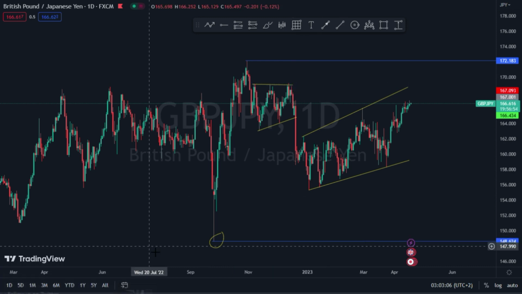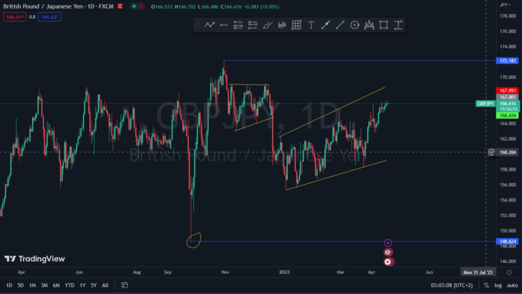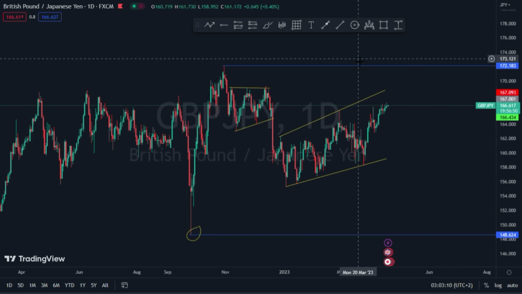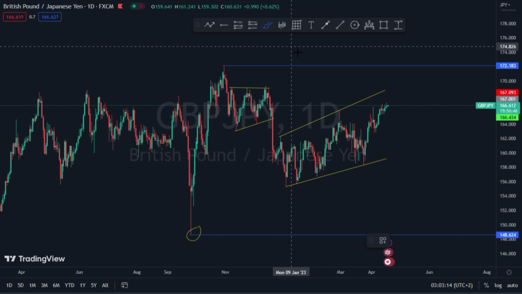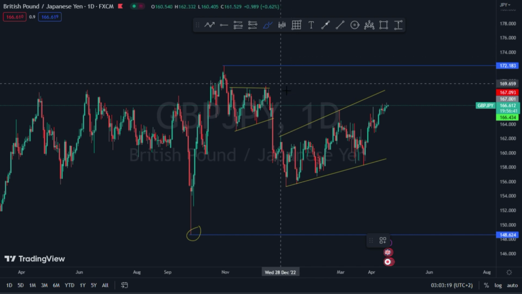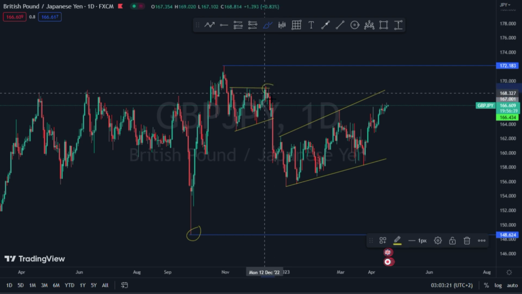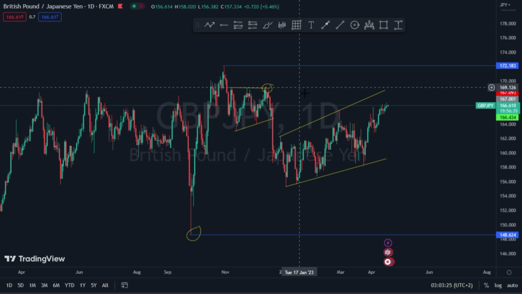Now what we want to focus much more on is to be involved at the edge of the structure. Always make sure that if you want to get involved in a trade, be involved at the edge of the structure, right? So what is it that defines a quality trade?